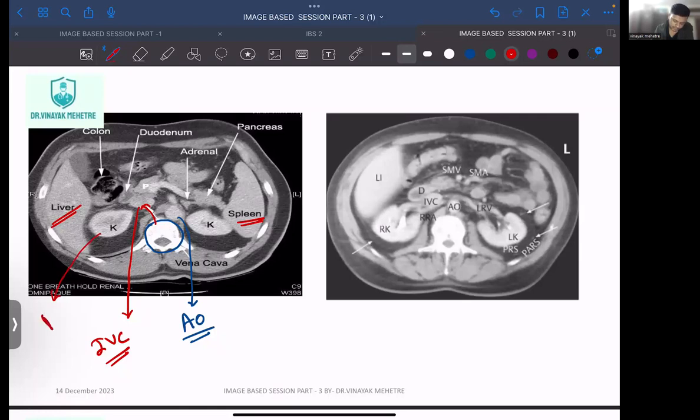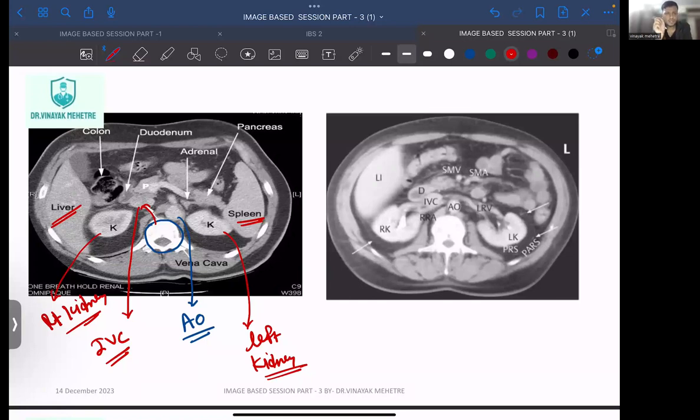This is the right kidney and this will be the left kidney. At least you should know this much. It is easy.